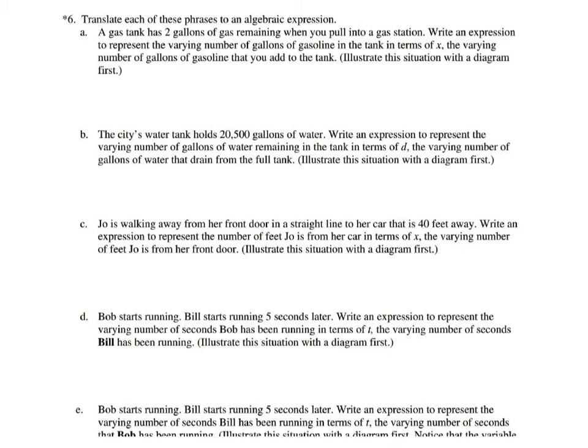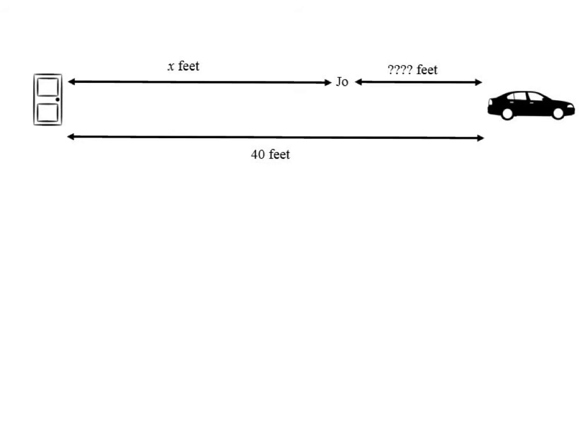To come up with an answer for this, let's consider a picture of the situation. When we draw a picture that shows how the fixed and varying quantities are related to one another in this situation, we see that as Jo walks to her car, her distance from her door, this varying quantity represented by the x variable, is changing. It is increasing.